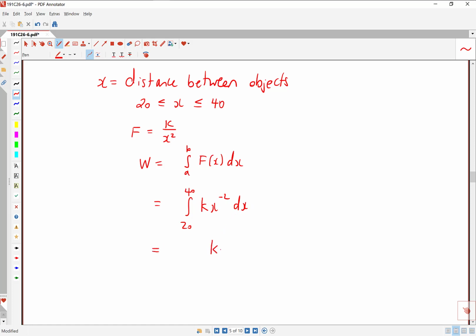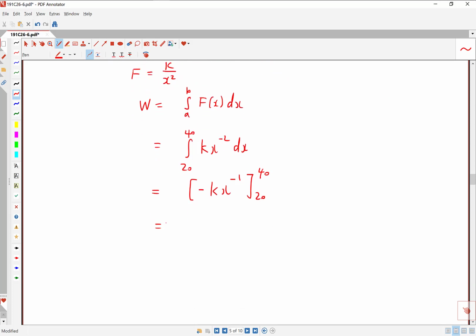So we're going to bump up the power, becomes x to the negative 1, divide by that new power. So our integrand becomes negative kx to the negative 1, and then we evaluate at 40 and then at 20. So we could say this is minus k over 40, and then when we subtract off the value at 20, we're going to have a double negative, so it's going to be plus k over 20.